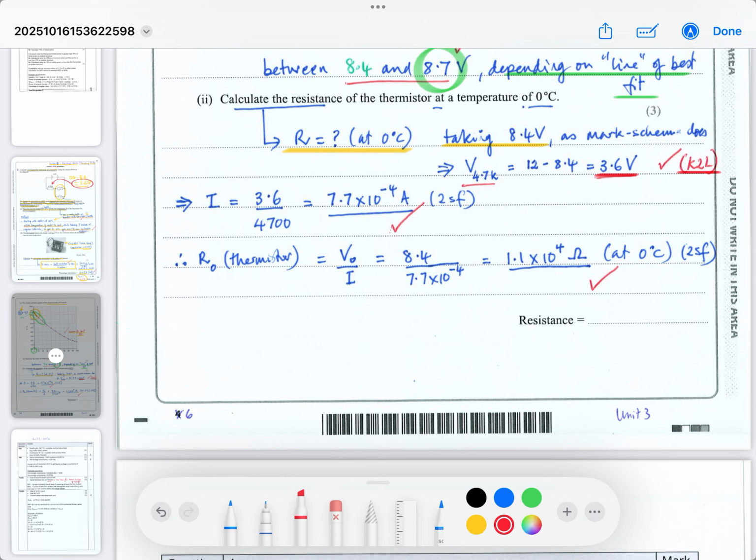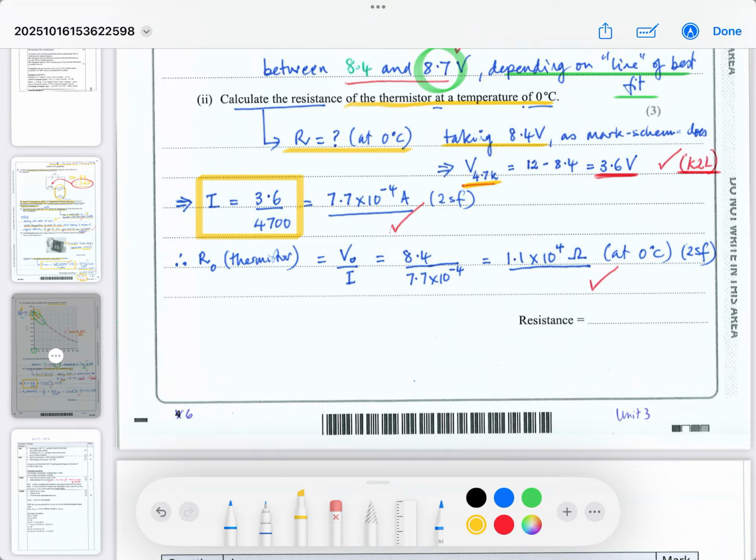So that's how we get this value, and it's basically the voltage sharing law, which is called Kirchhoff's second law. Once you know that, you can work out the current in the circuit, because the resistance of the fixed resistor is given to us in the question as 4,700 ohms, 4.7 kilo ohms, and that means you know the current. Once you know the current, they want you to work out the resistance of the thermistor, and we know the voltage of the thermistor.